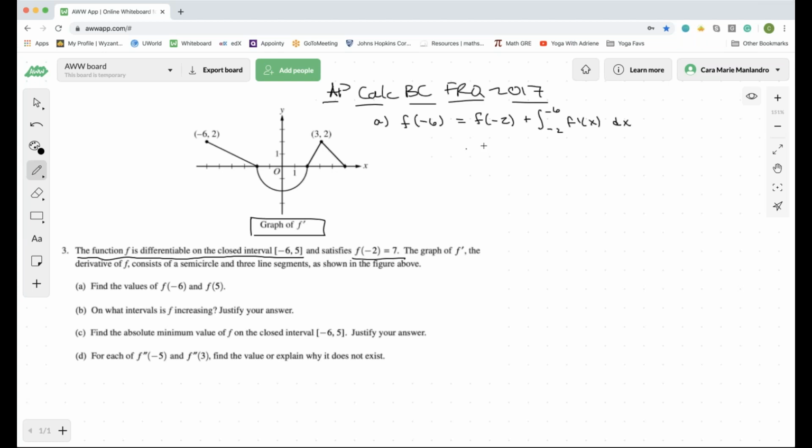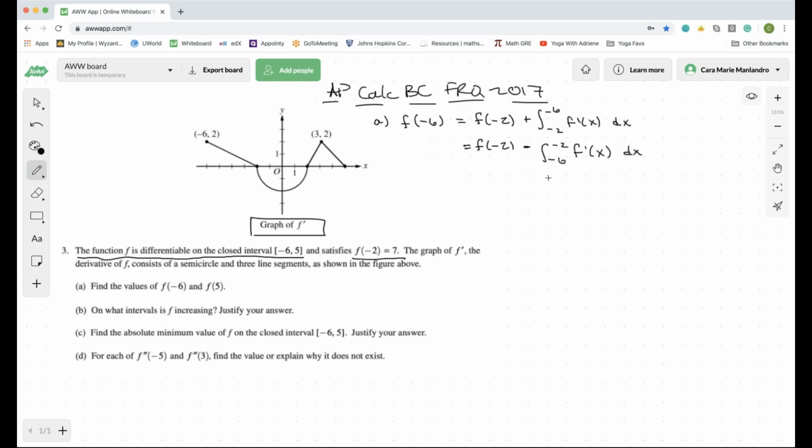Perfect. Now we can compute that integral using the area, but I'm going to flip this into proper form first. Remember that you want the lower bound on the bottom, so negative 6 to negative 2, that's a little less stressful. But then this becomes a subtraction when you flip the bounds.